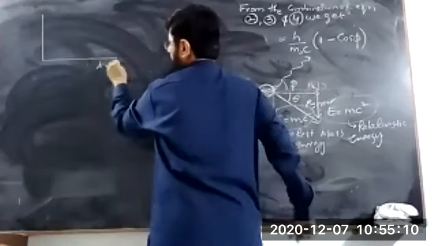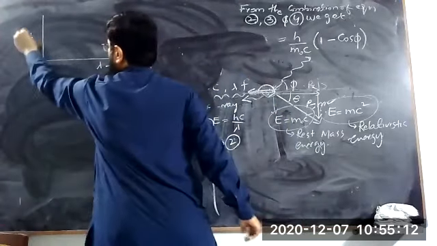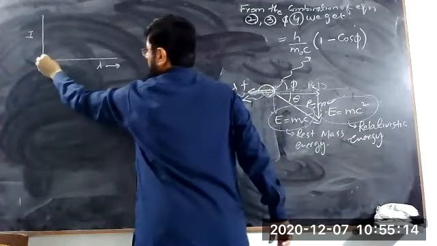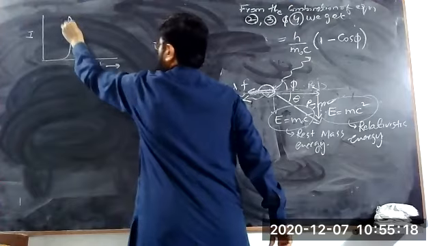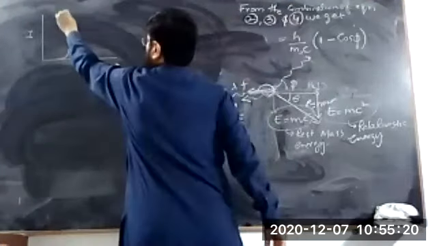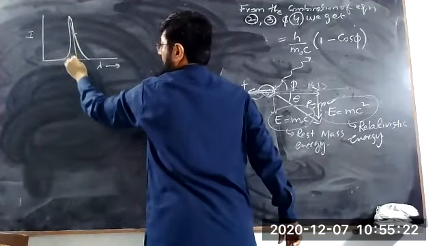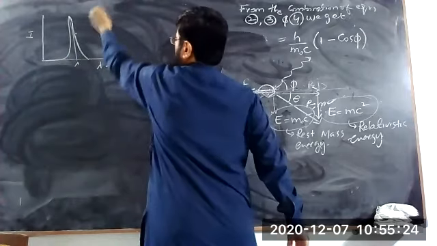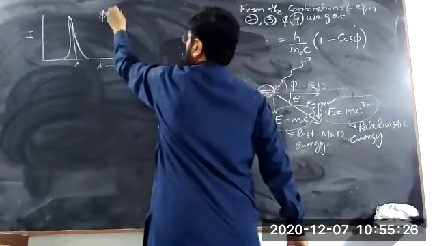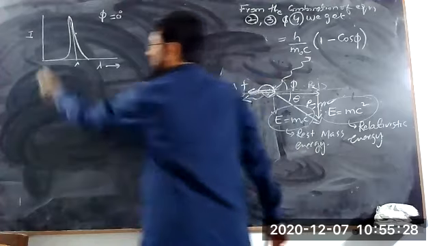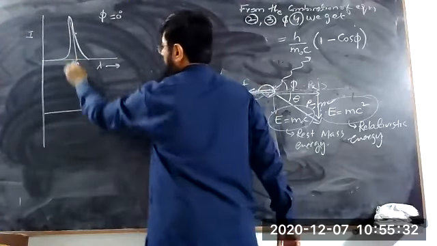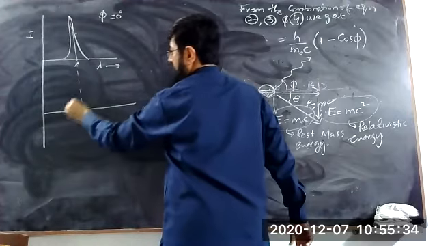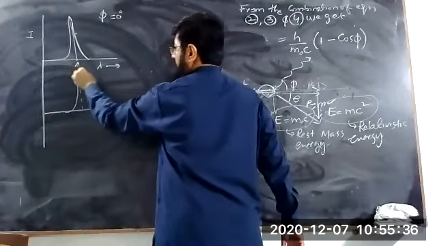This is the wavelength in this direction and intensity is in this direction. This is the peak of the intensity at a certain wavelength, lambda, when phi is equal to 0 degrees. There is no scattering. Now here, let's say this is one peak and this is the other peak.